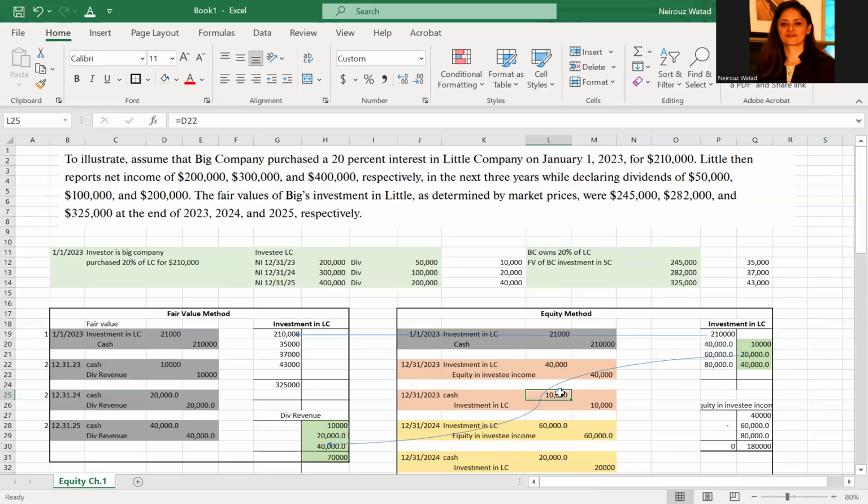Investee paid dividends, that's a reduction to stockholders' equity. I will reduce my investment in LC. Okay, perfect. So this is the $10,000 here for dividends, and this is the 40,000 for the gain.